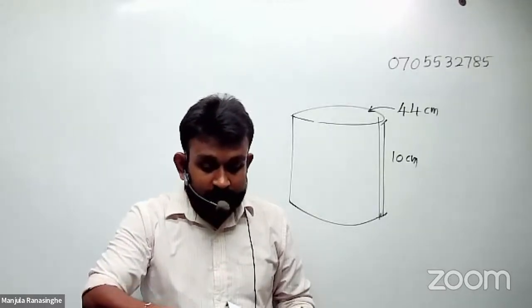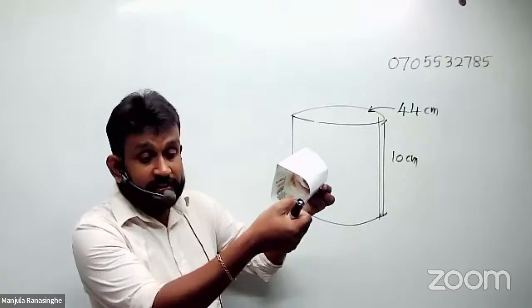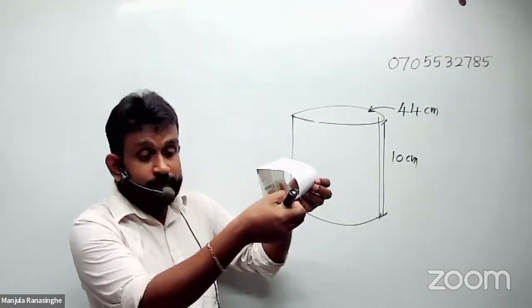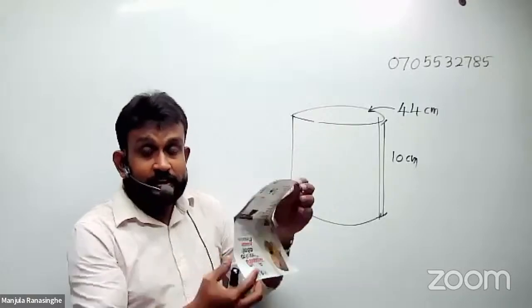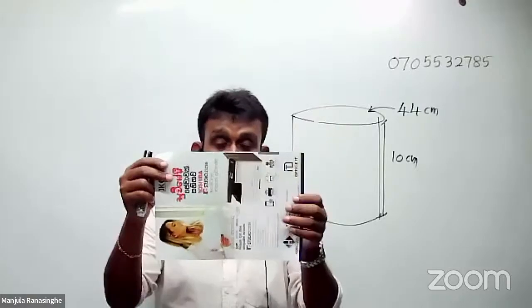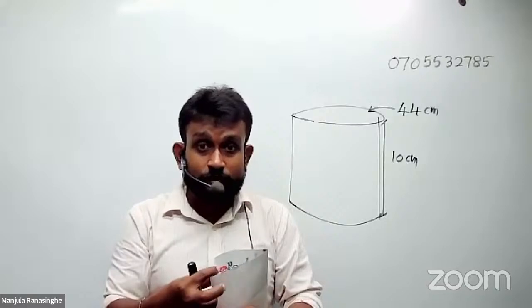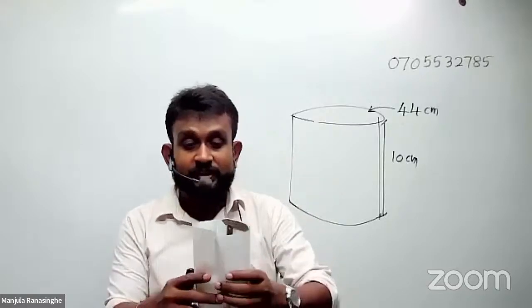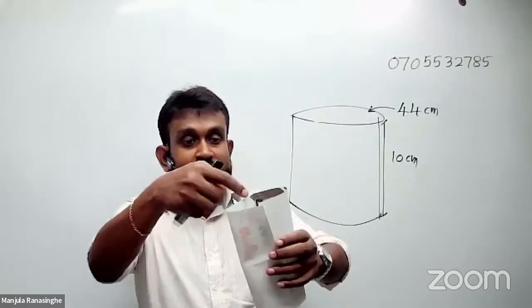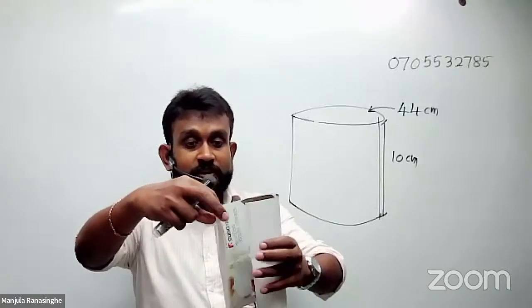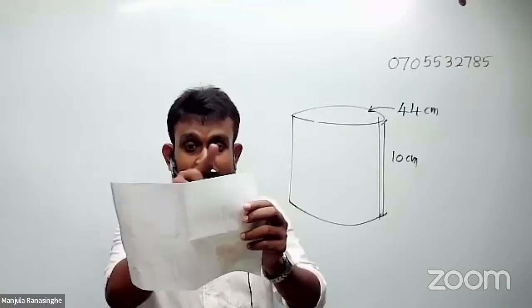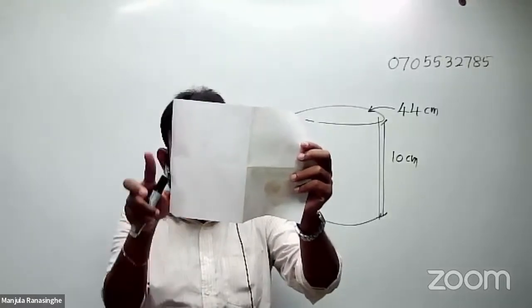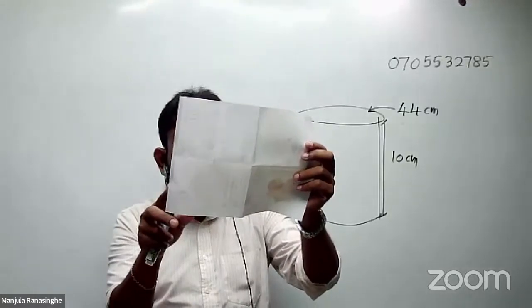If I unfold the cylinder, you can see that it gives you a rectangle. If you fold it, it gives you the curved surface of a cylinder. Then this circumference gives you the length of the rectangle, and the height of the cylinder is the breadth of the rectangle.